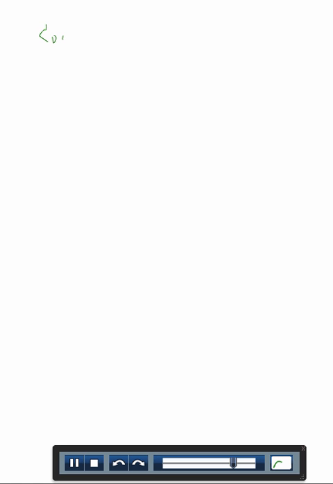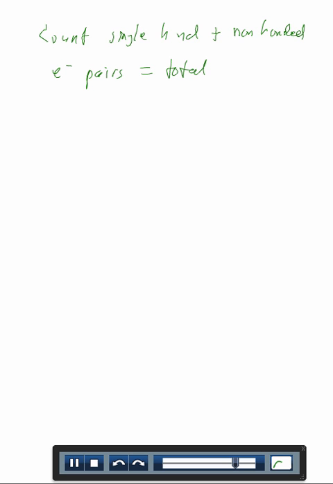So remember, count single bonds plus non-bonded electron pairs, and that will equal the total hybrid orbitals needed, and then just combine orbitals as needed.